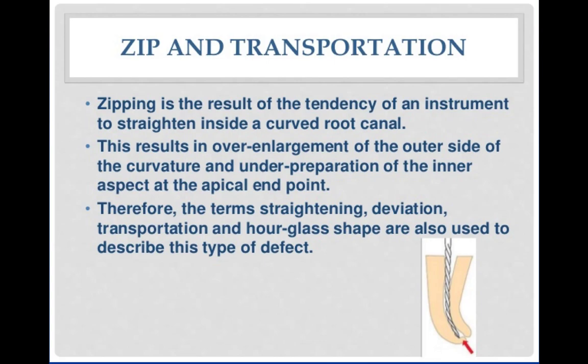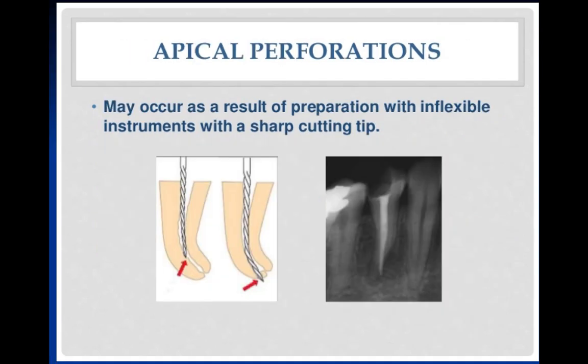Therefore, the terms straightening, deviation, transportation, and hourglass shape are also used to describe this type of defect. Apical perforations may occur as a result of preparation with inflexible instruments with a sharp cutting tip.